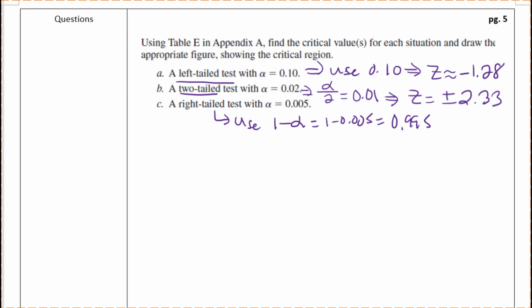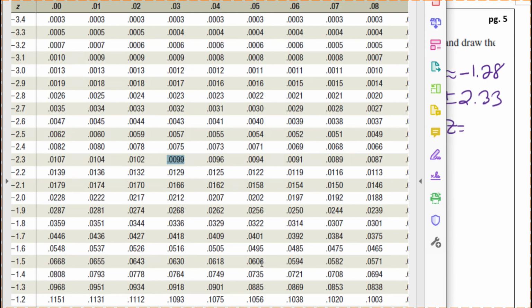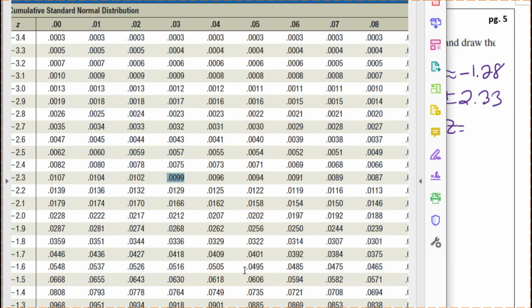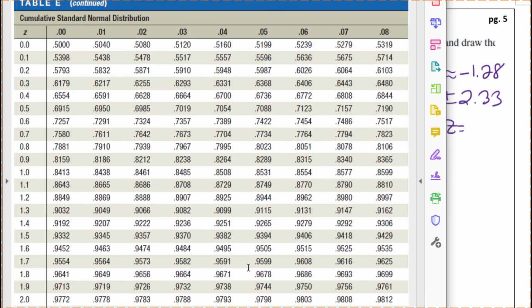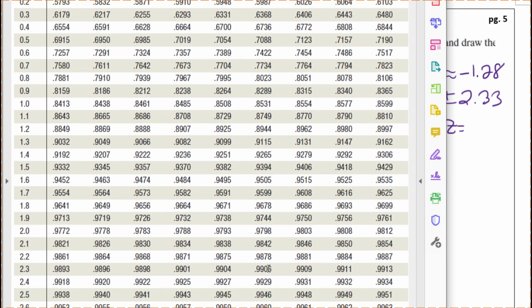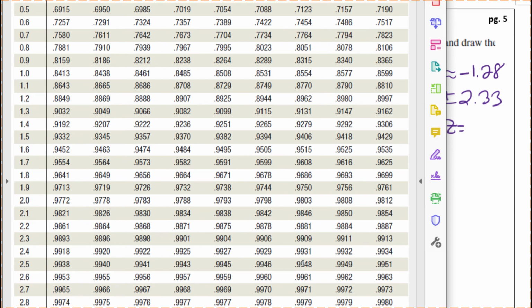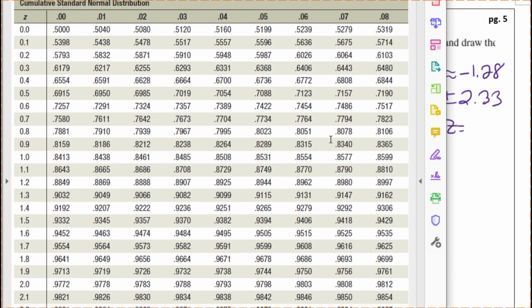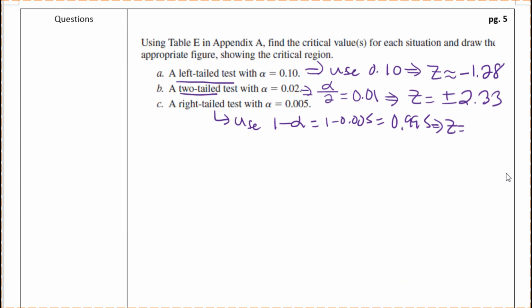So we're going to be looking that up for our Z. So 0.995, which is between those two. So we'll say 2.57 for that. So approximately 2.57, 2.58, and it's going to be positive because we're on the right side.